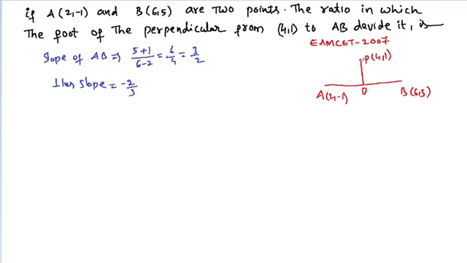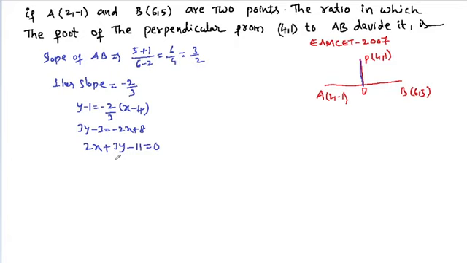So the equation of the line PD, this line passing through P and having slope minus 2 by 3, is y minus 1 equals minus 2 by 3 into (x minus 4), that is 3y minus 3 equals minus 2x plus 8, that is 2x plus 3y minus 11 equals 0. This is the line.